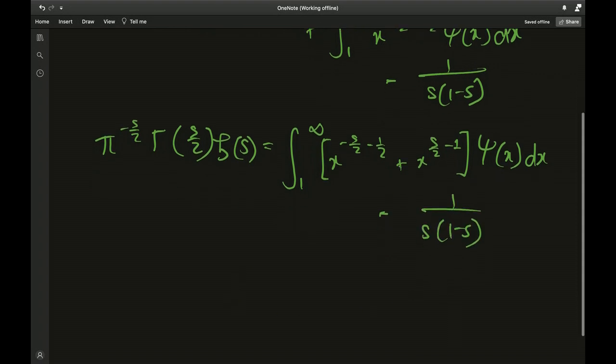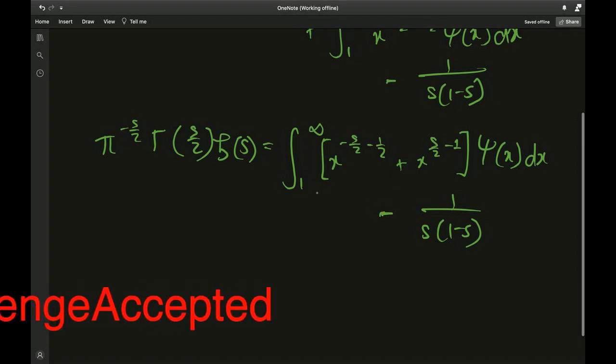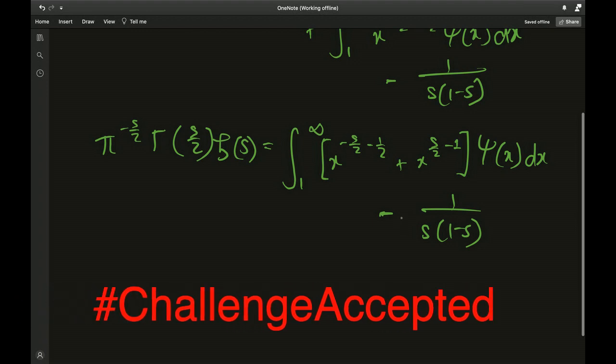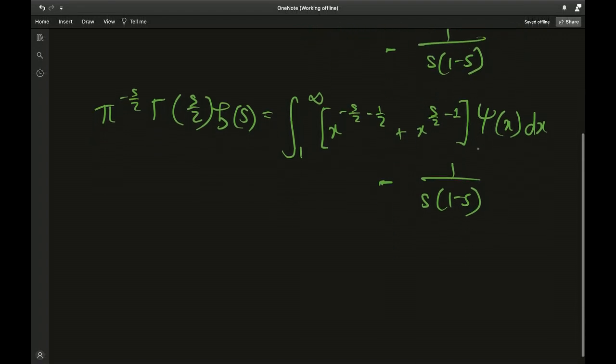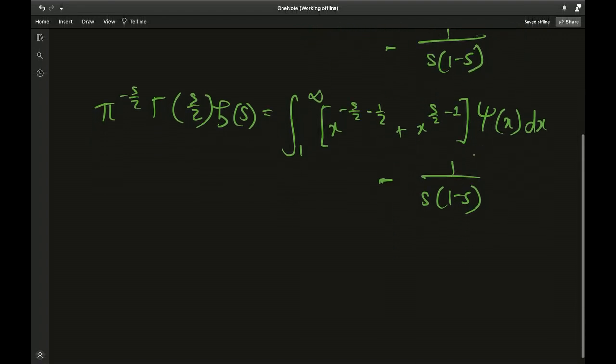Now this integral over here, this crazy integral over here, where psi of x is actually related to the Jacobi theta function. But the thing is, this is almost impossible to solve, because even if you were to break this into its sum definition again, you would have to deal with incomplete gamma functions, because the interval of integration is from 1 to infinity, not from 0 to infinity.